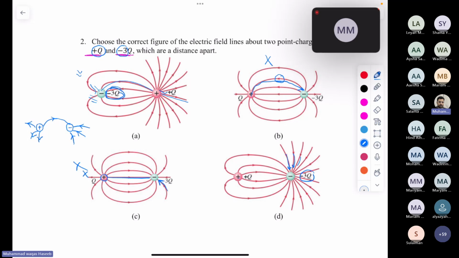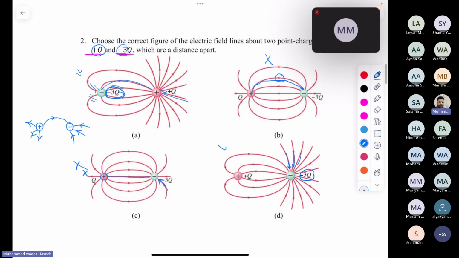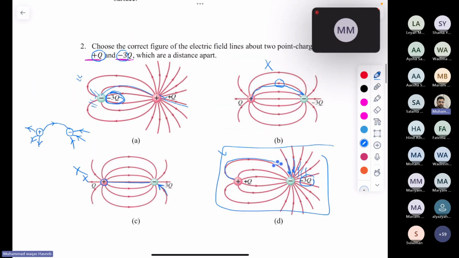So this is the correct option. Why? Because for 3q more lines have to be there and for q few lines have to be there, and the lines should originate from the positive charge to end at the negative charge. So in the question 2 case, the correct option is 2.